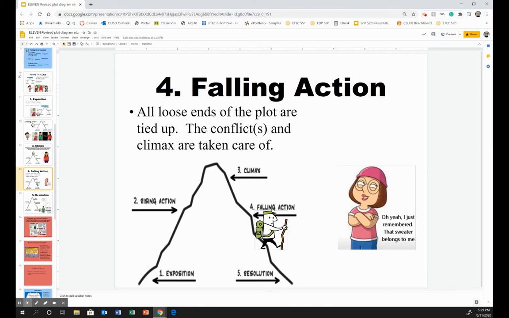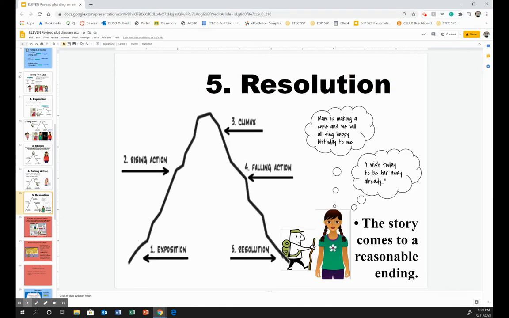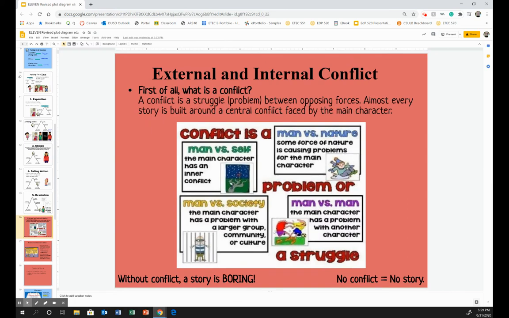And Rachel takes it off and just is so grossed out. And then the ending of the story is the resolution. She says, "Mom is making a cake, and we will all sing happy birthday to me. I wish today to be far away already, like a little balloon in the sky." And that's the ending.